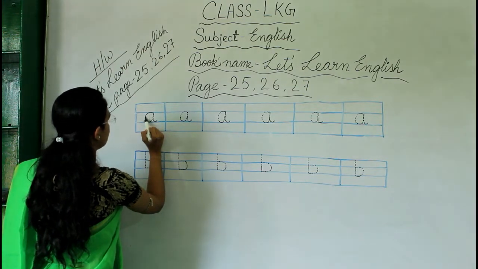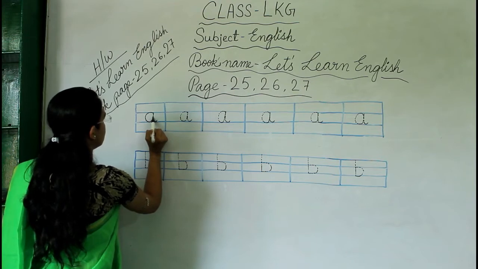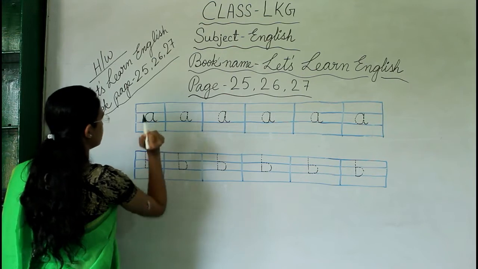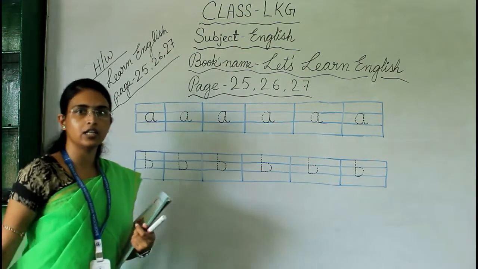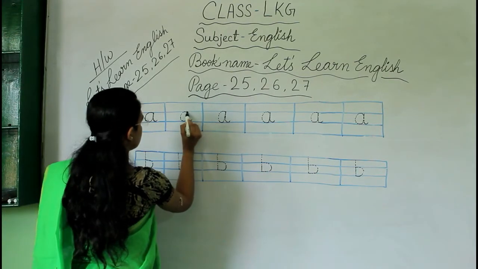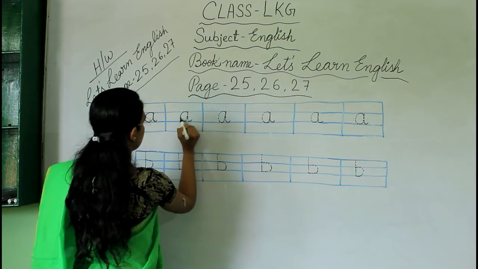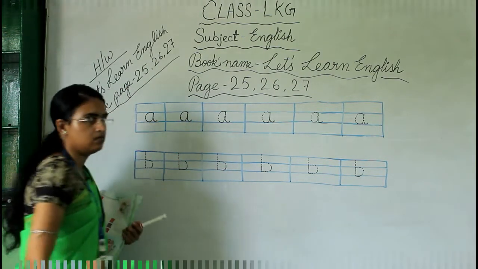For making small letter A, first you have to draw a curved line. Then another curved line, okay, in this way. This is small letter A. Again we will do this curved line, then like this.